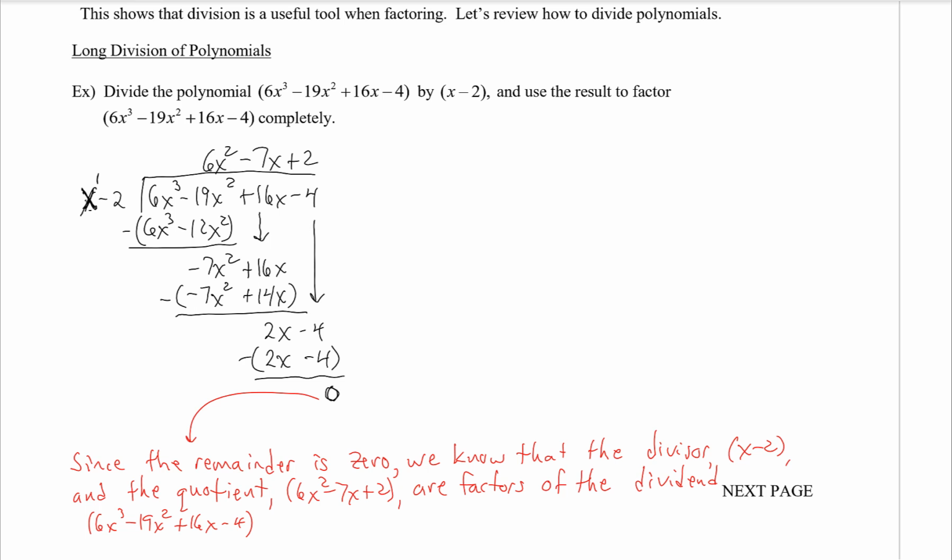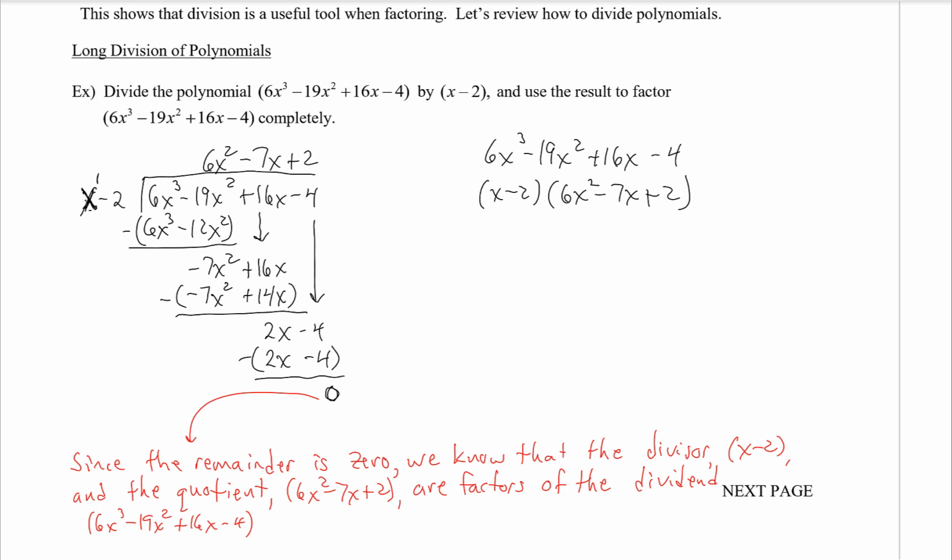In other words, I now know that this cubic can be factored into x minus 2 times 6x squared minus 7x plus 2.